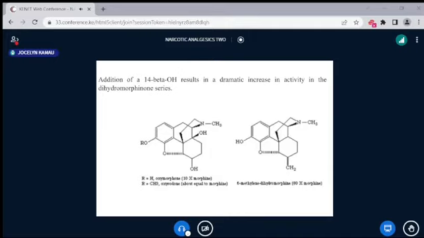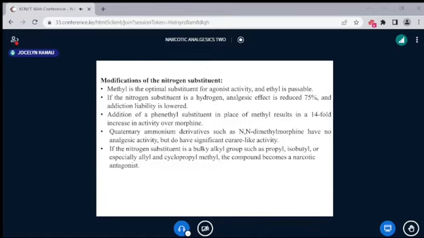It had 80 times the activity of morphine. We can understand because the methyl group will increase the lipid solubility of this molecule very, very drastically, and hence increase the activity. So this is an important compound to note because it was found to have a great increase in activity compared to the other morphine derivatives.